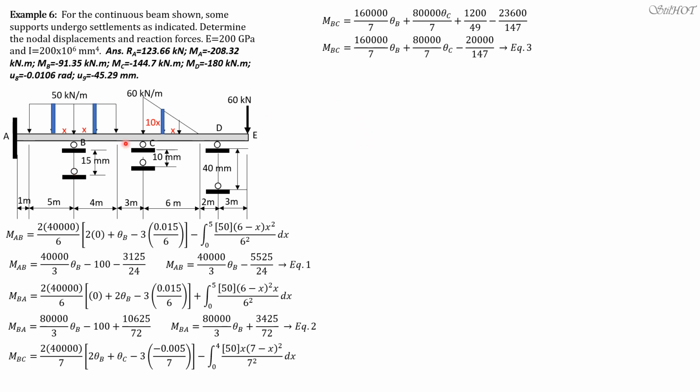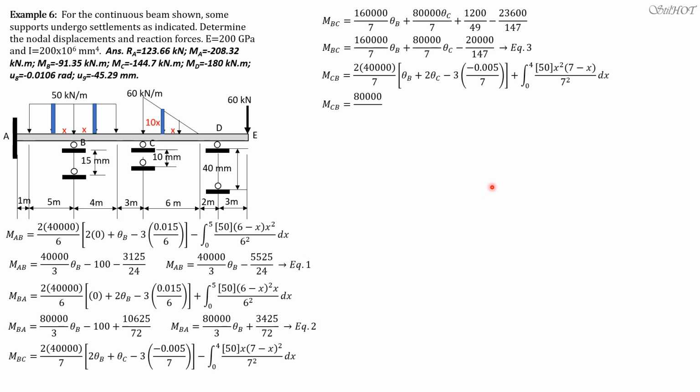Then we have MCB. MCB is 2 times 40,000 over 7 times theta B plus 2 theta C minus 3 times negative 0.005 over 7, plus the integral of 50 x squared times 7 minus x over 7 squared dx.